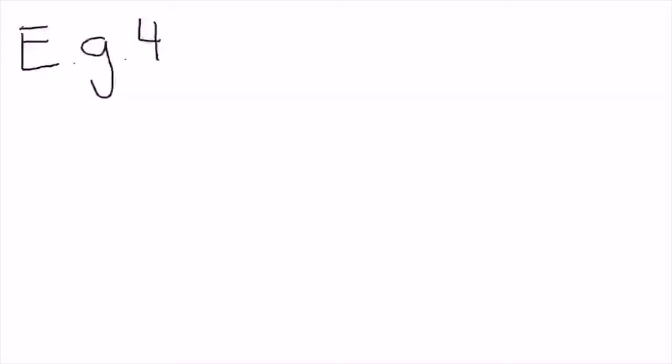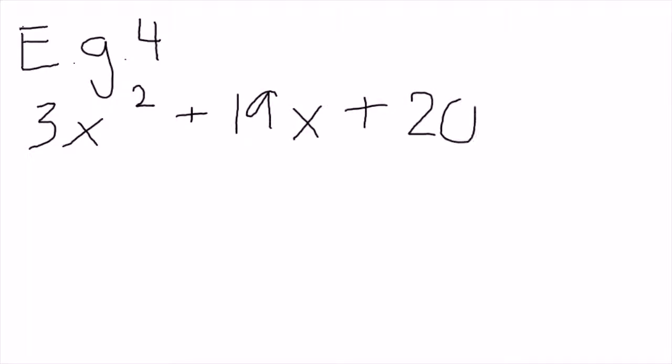Example 4. You are given the non-monic equation of 3x squared plus 19x plus 20 is equal to 0. As you can see, you cannot simplify this expression by taking out a common factor, as they have no common factors besides 1. Then to solve this non-monic equation, you will have to multiply the two outside coefficients, which are 3 and 20, and use the factors of that number to add up to 19.